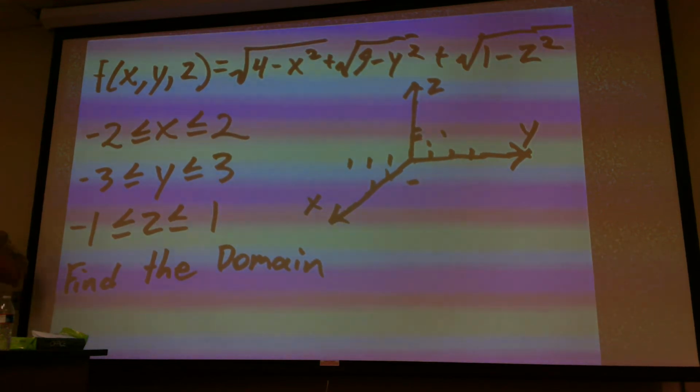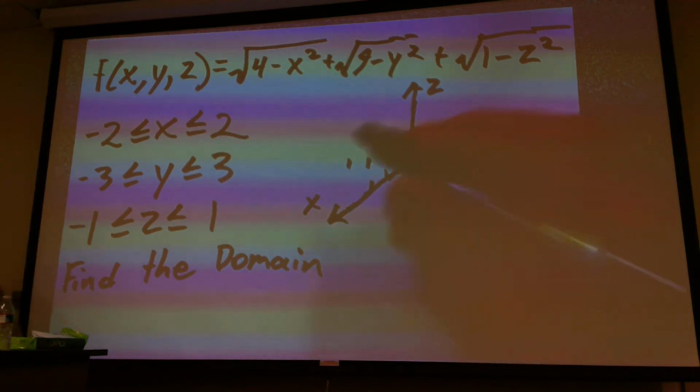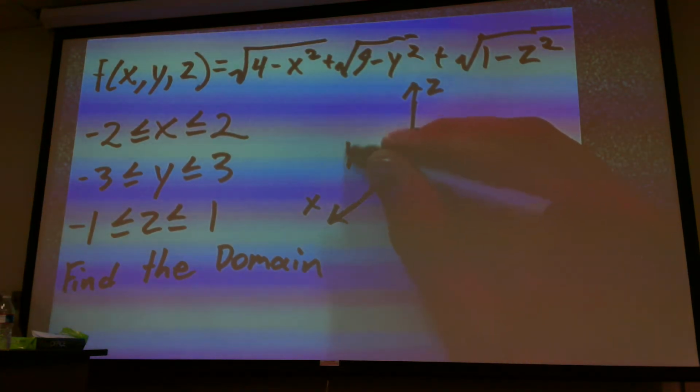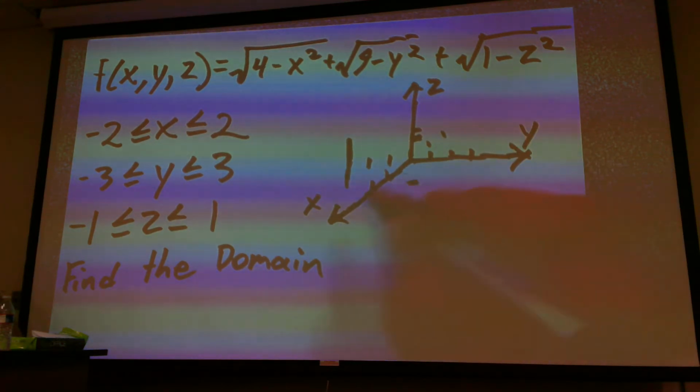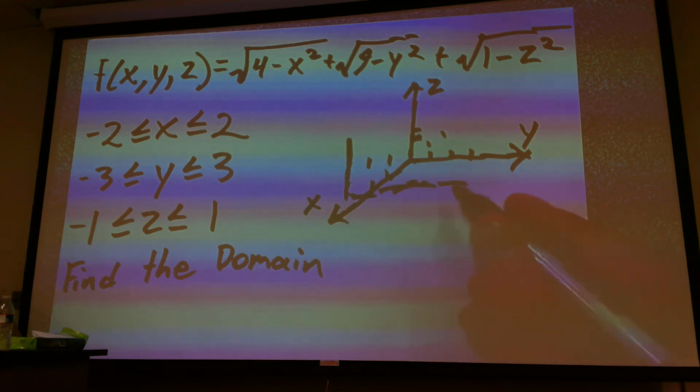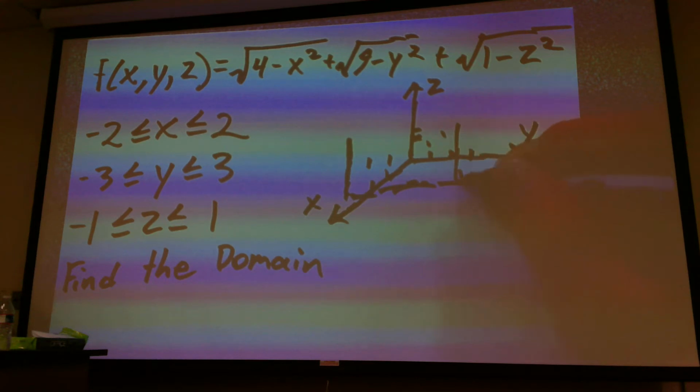I'm looking at a rectangle, I mean, a rectangular prism.